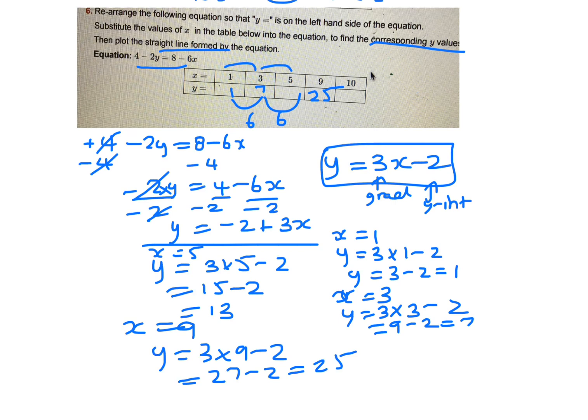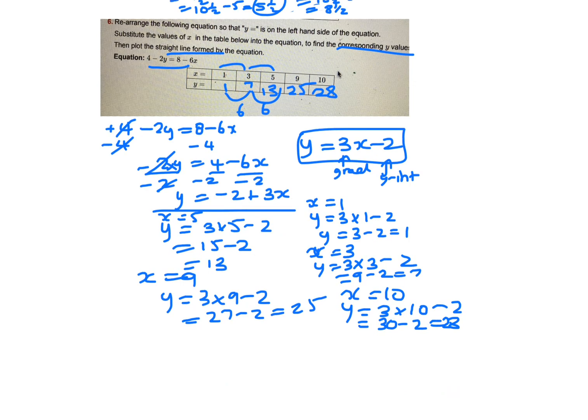Right, that was 13, wasn't it? And x equals 10, y equals 3 times 10 minus 2. 3 times 10 is 30. 30 minus 2 is 28.